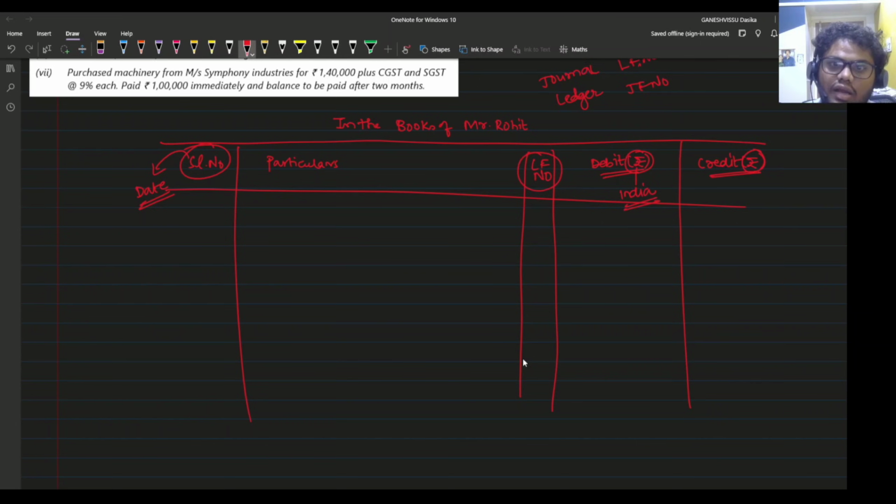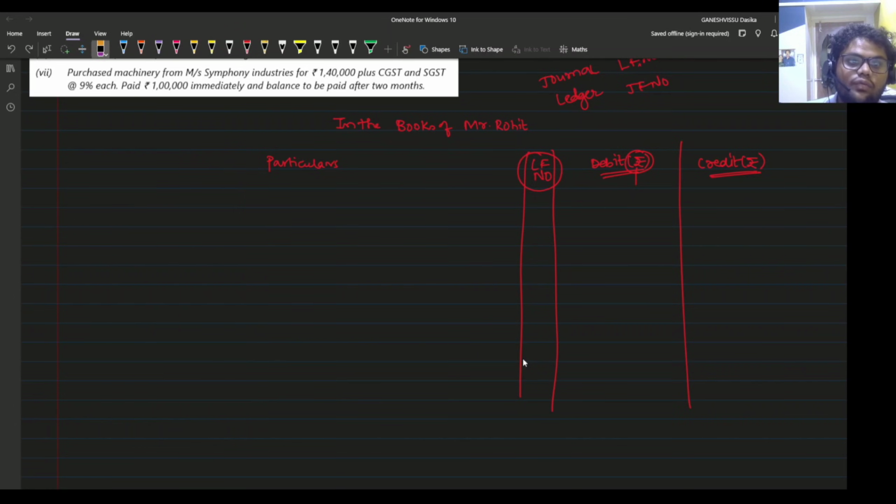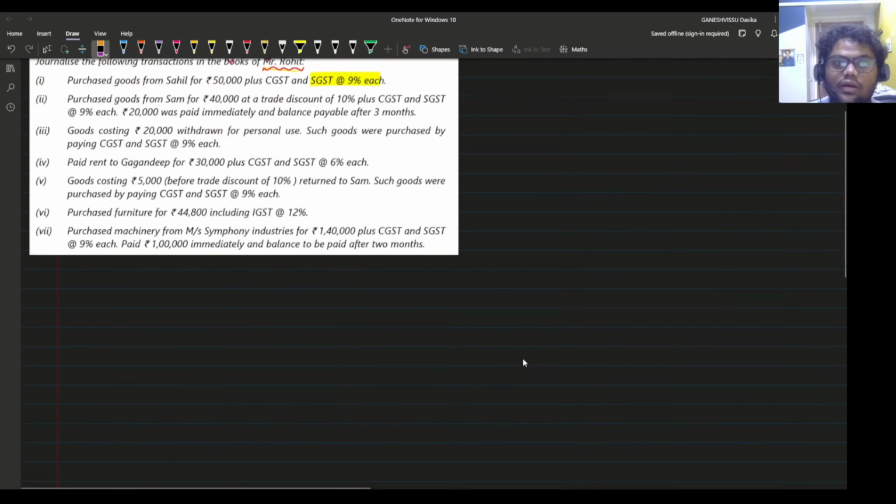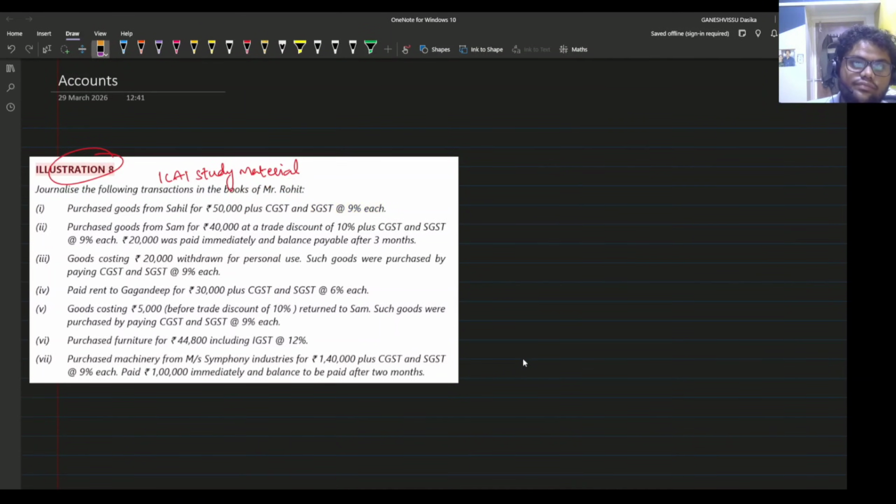In other countries like America, you use US dollars. For our easy convenience, I am going to use rupee values. So let me erase this so that we can go for the entries directly. But this heading, in the books of Mr. Rohit, must be there while writing. Okay, let us go for the question.